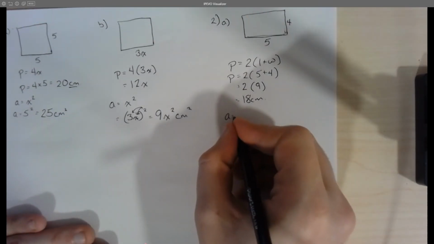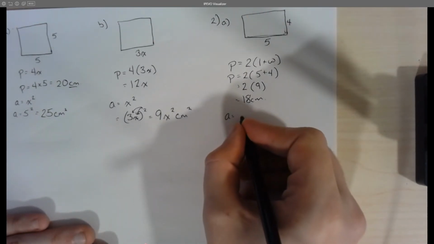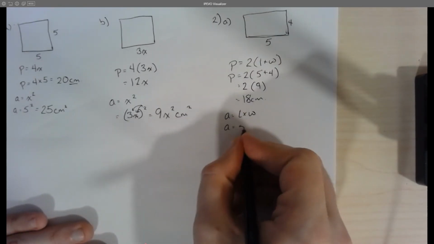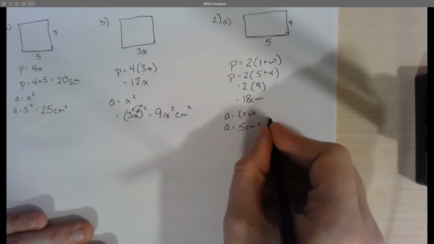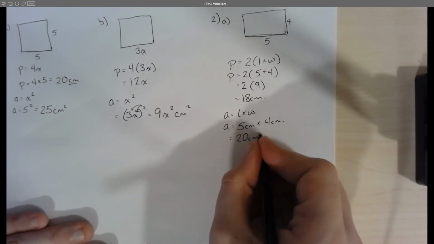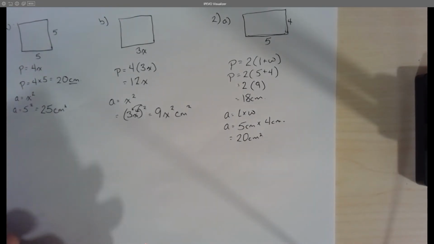For our area, it's also a slightly different formula. It's going to be length times width. So our area equals 5 centimeters times 4 centimeters, which gives us 20 centimeters squared. And so that wraps up question number 2.